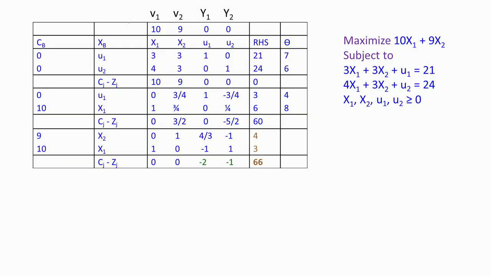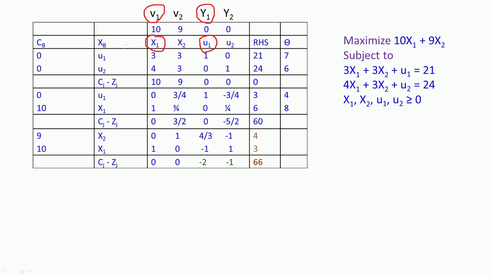So the primal decision variable is mapped to the corresponding dual slack variable, x1 is mapped to v1, and so on. Also u1, which is the primal slack, is mapped to y1, which is the dual variable. Now let us start doing this.